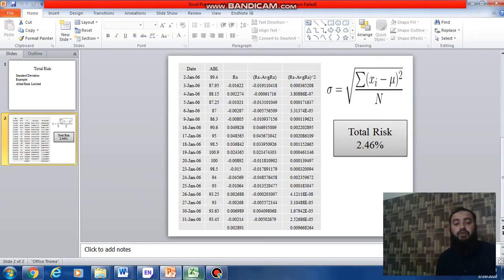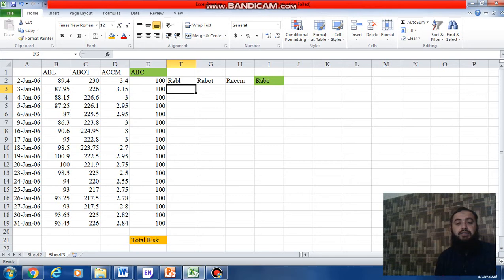On the other hand, if you know how to do it in Excel, it will take less than a minute. So this is the data of ABL, Abbott and AWCM. I have downloaded this data from the Pakistan Stock Exchange. While this ABC is not real data, I have generated it.